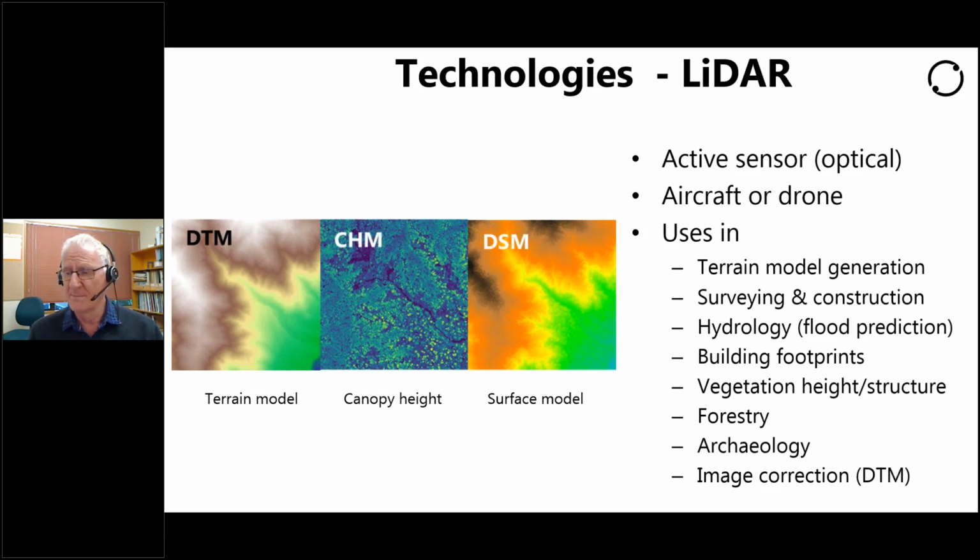And there's lots of applications that use these types of models, both in the construction and surveying industries, flood protection, but also forestry, archaeology, and another key thing is to use terrain data to correct other types of imagery. So basically taking out terrain distortions and producing orthophotos requires a very good or an accurate terrain model to do that. So this can come from LiDAR technology.